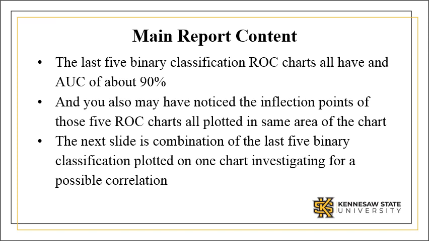You may have noticed that the inflection points of those 5 ROC charts also plotted in the same area of the chart. So the next slide is a combination of the last 5 binary classifications plotted onto one chart, investigating for the possible correlation of data.